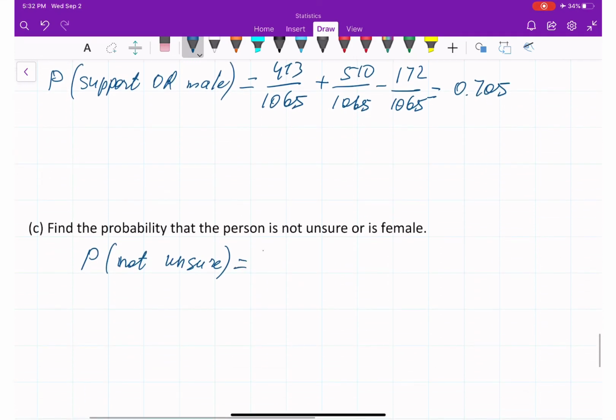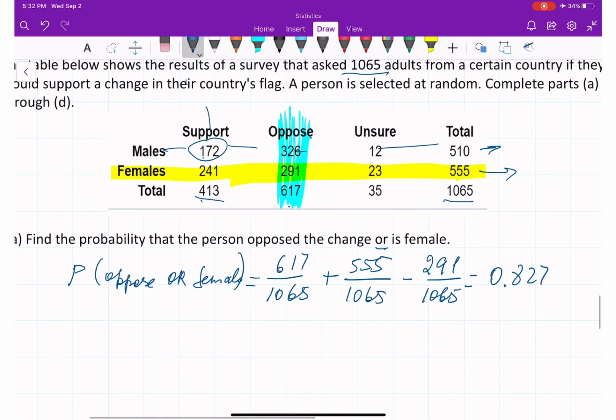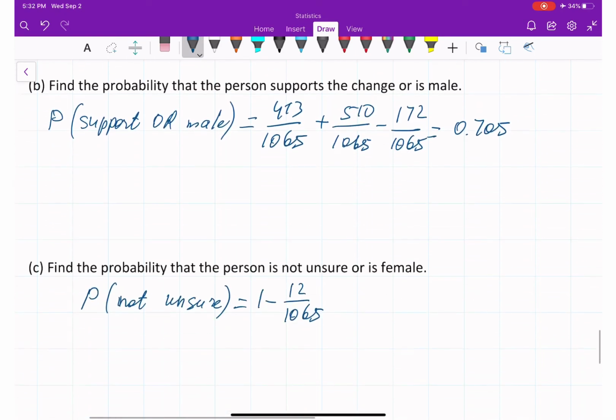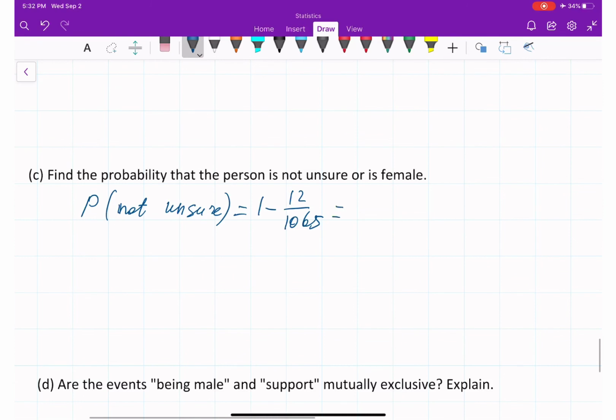It's going to be equal 1 minus 12 over 1065, because there are 12 right here, unsure and male. So this is going to be equal 1053 over 1065. Subtraction of fraction. Go to basic math and look how to subtract fractions. And that is equal 0.989.